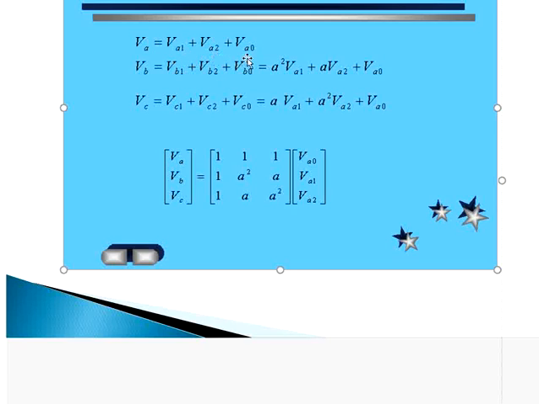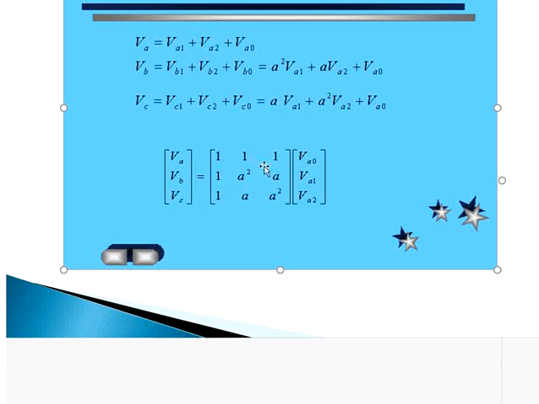Now if I represent this in matrix form, I take VA0, VA1, VA2 outside. So for the first row, I am representing it in terms of A components: 1 into VA0 plus 1 into VA1 plus 1 into VA2. So the first row is representing VA.